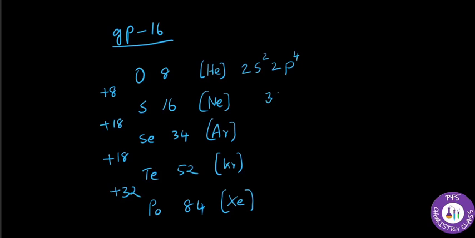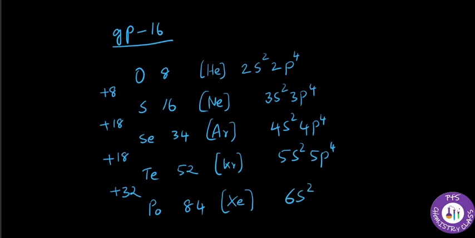So this will be 3s2 3p4, and then you will have 4s2 4p4, and then you will have 5s2 5p4, and 6s2 6p4. Then what you have to do, you have to write the 3d orbital. Before 4s you will get 3d, and then 4d, and then 5d, and before 5d you will have 4f14.